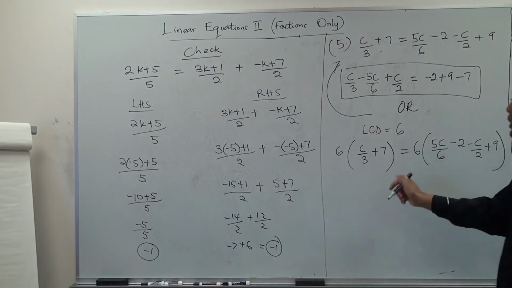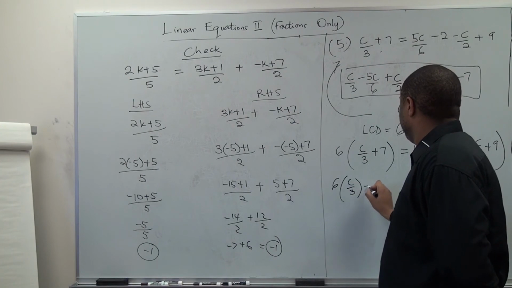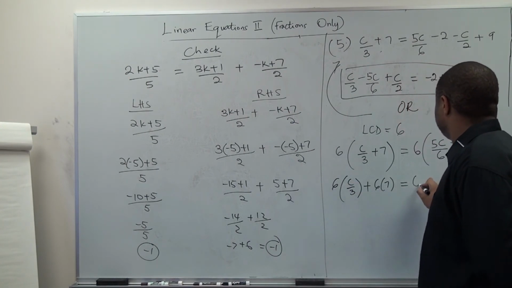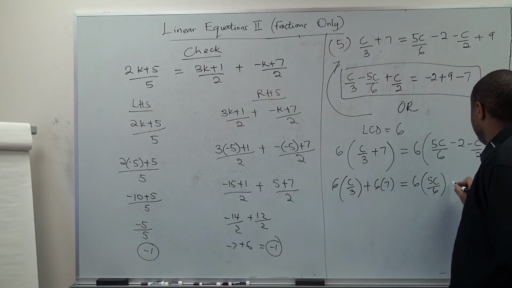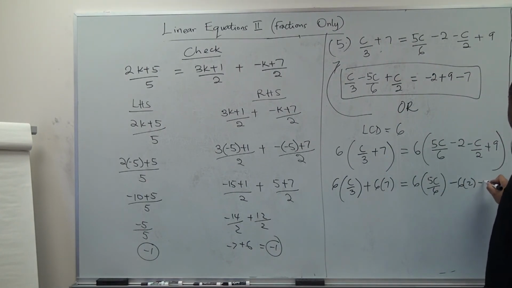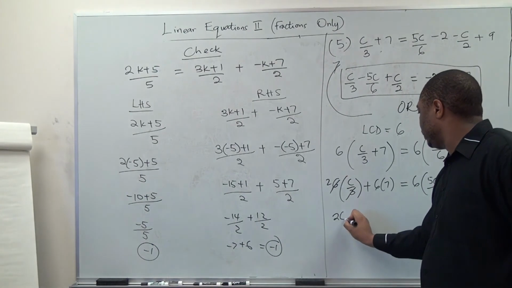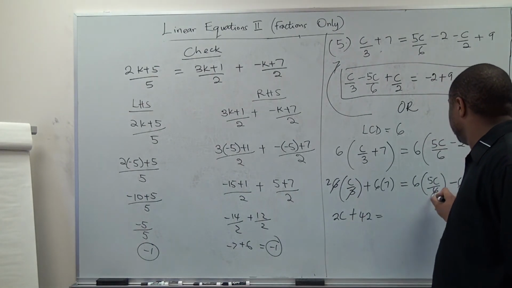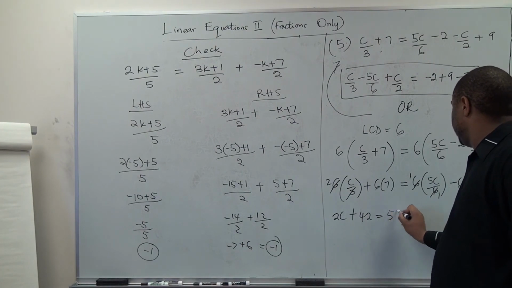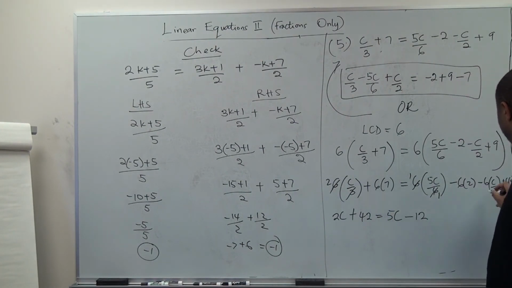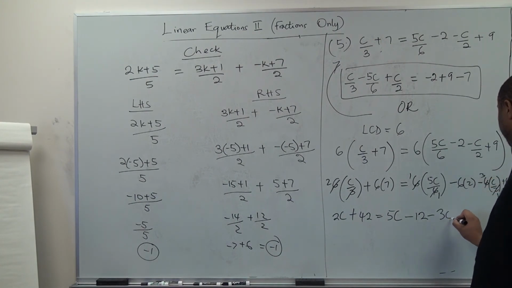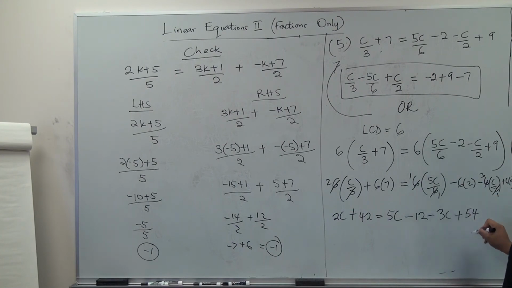So this will be 6 times c over 3 plus 6 times 7 equal to 6 times 5c over 6 minus 6 times 2 minus 6 times c over 2 plus 6 times 9.